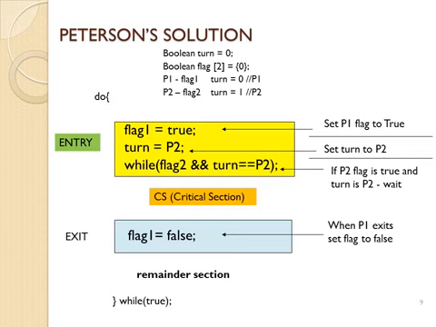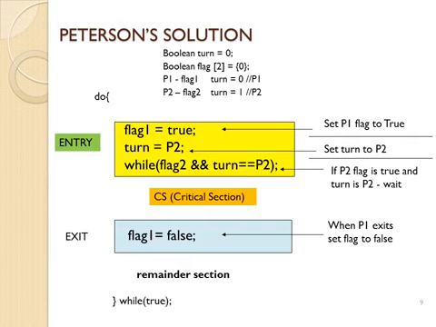And so if the turn was set to P2 and P2's flag was set, then P1 would have to wait, because this while condition says while P2's flag is set and the turn is set to P2, and if you notice the semicolon at the end here, it means I have to wait. I have to wait until either P2 clears its flag or P2 gives the turn over to me.